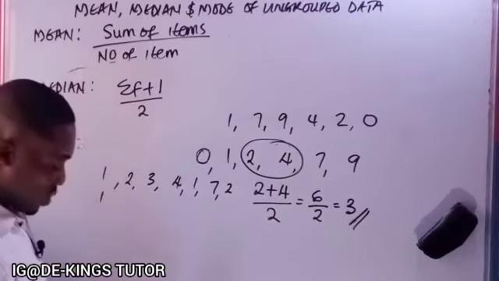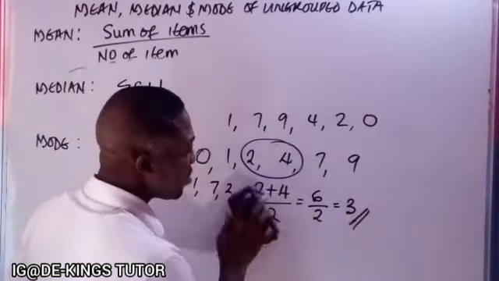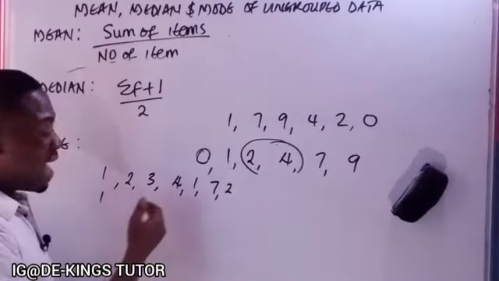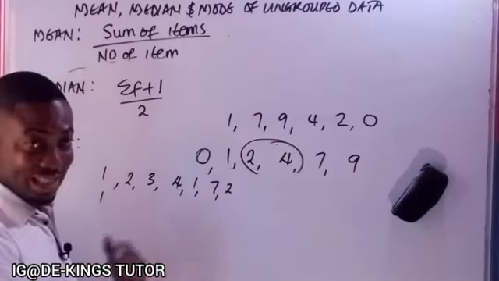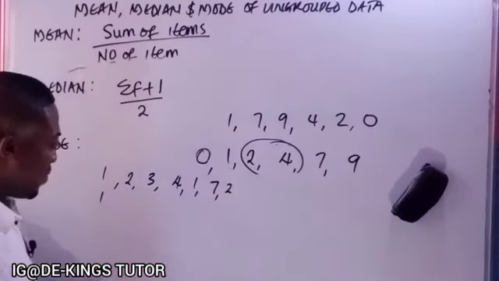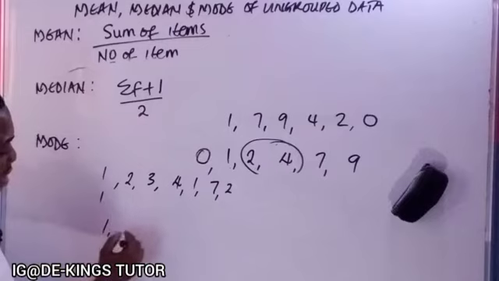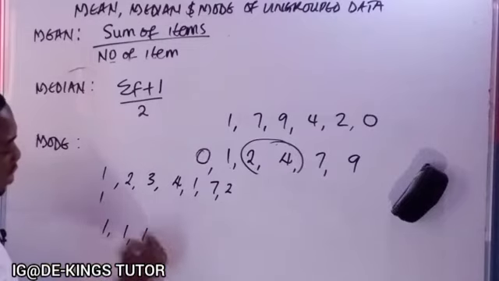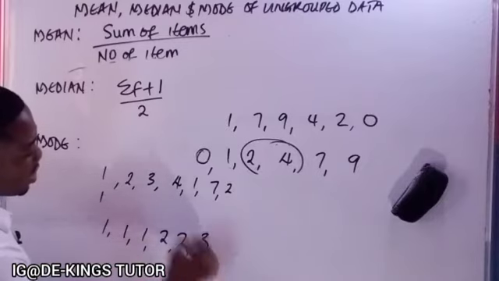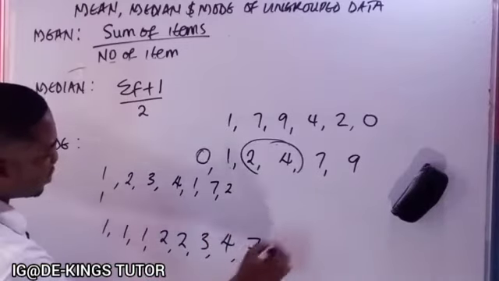Now one thing I always tell students is, for the mode, though it is not compulsory, ensure you arrange it in either ascending or descending order so that it can help you get the mode. Now if we rearrange this, we have 1, 1, 1, 2, 2, 3, 4, 7.